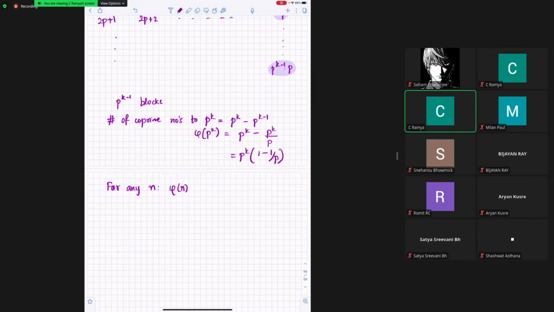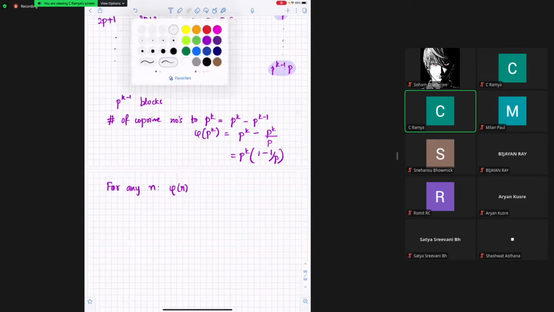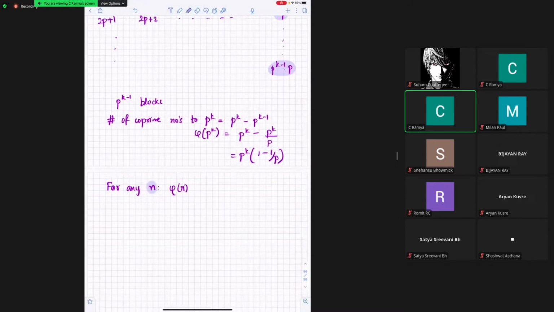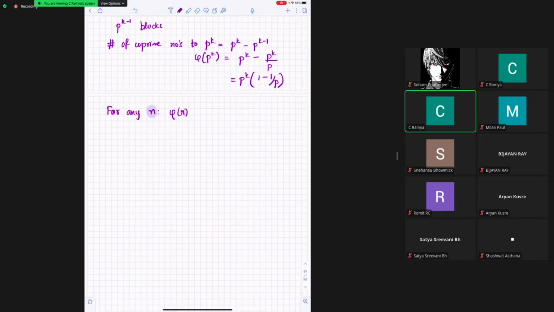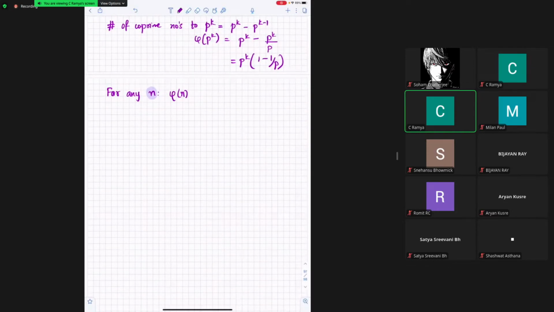What do we know about any number in relation to primes? I'm given a number n, what can I say about its relation to primes? It has a unique prime factorization. Yes, uniquely, that's what we saw in the fundamental theorem of arithmetic.